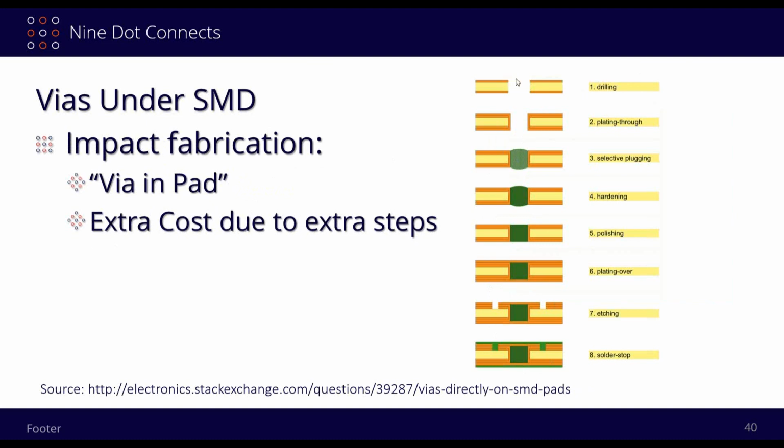In the assembly process, if you take a ball grid array and simply put it where my cursor is, on number 2, which is the plated through, and then you put it through the process of heating up that solder, the solder is just going to wick right through, and it's not going to make any connectivity. So you've got to stop that wicking from happening. You've got to plug it, harden it, polish it, all these other things, so that in the end you do have connectivity through the board, but the solder doesn't run through the board.